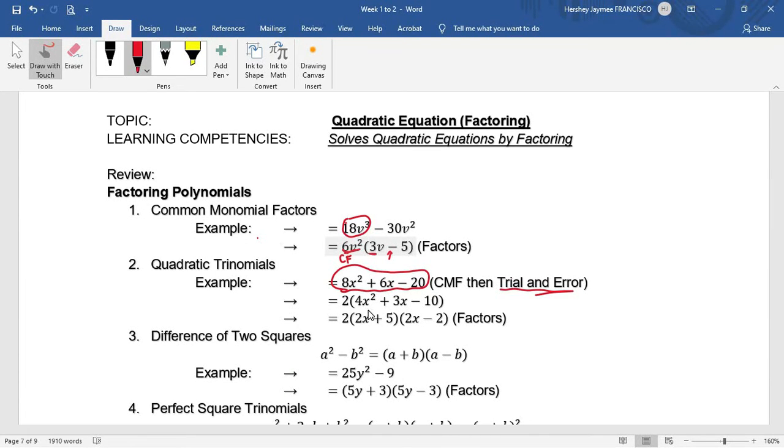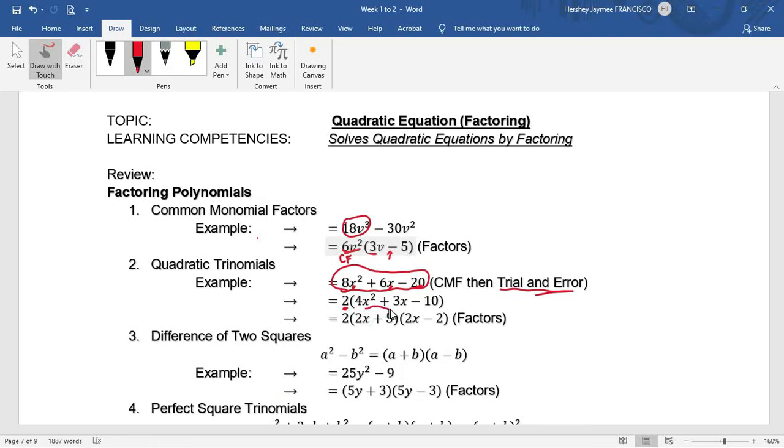So, you have to get the common monomial factor, which is 2, and then i-divide mo yung bawat term, yung tatlong term na yan sa 2, and you will get 4x squared plus 3x minus 10.